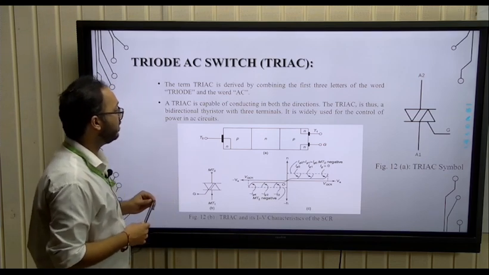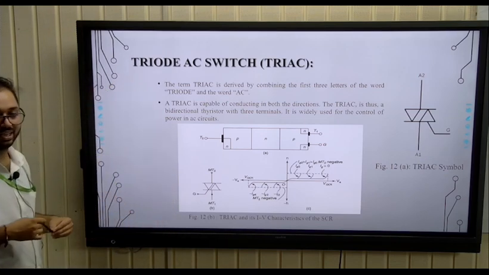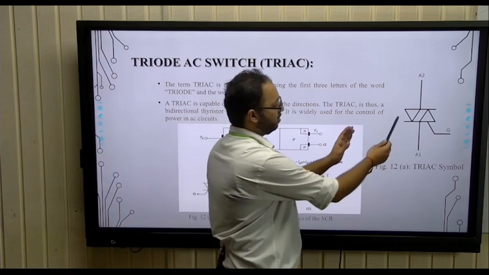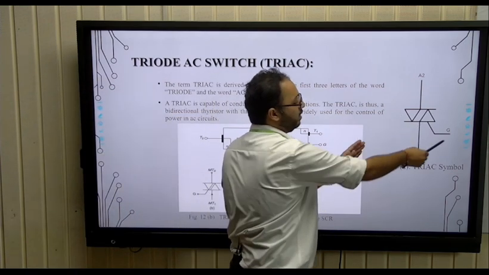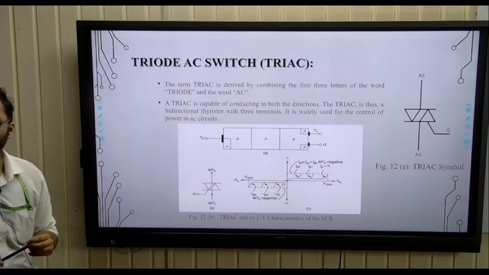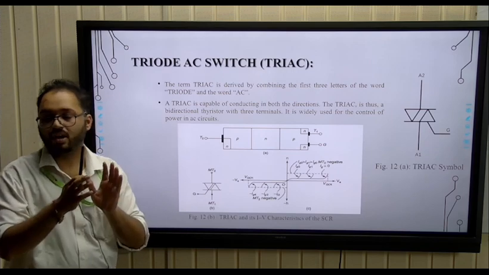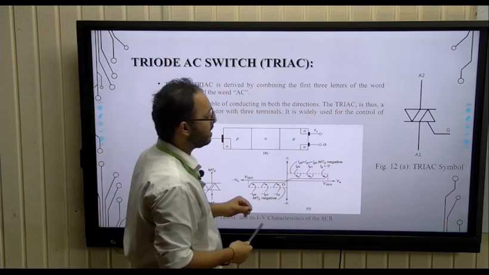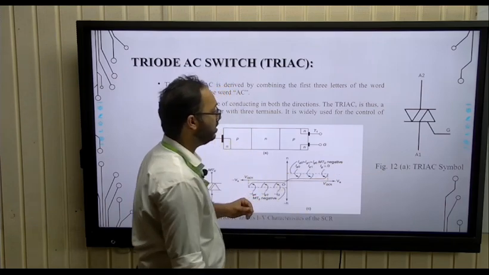Okay, triac is made of triode plus AC. That is its symbol. Right now you can see it is the same as the diac but containing a gate. Like in the SCR there was a diode symbol containing a gate, in the triac it is similar to the diac, just containing a gate in the symbol.